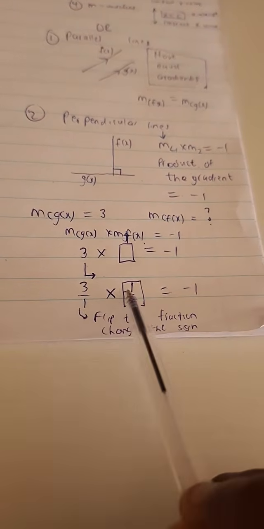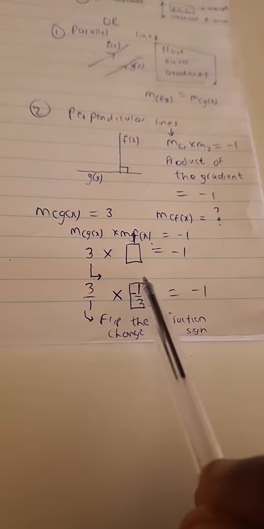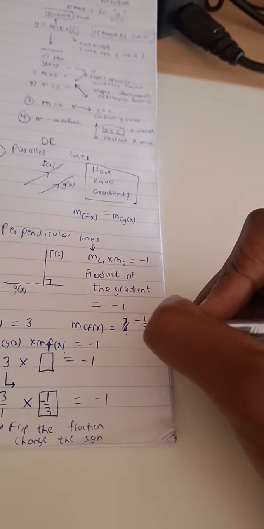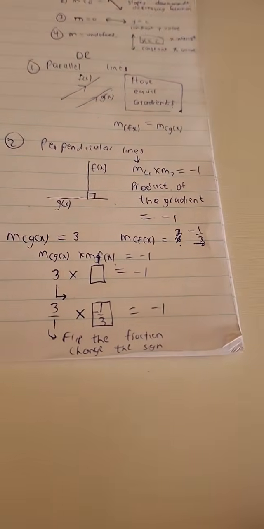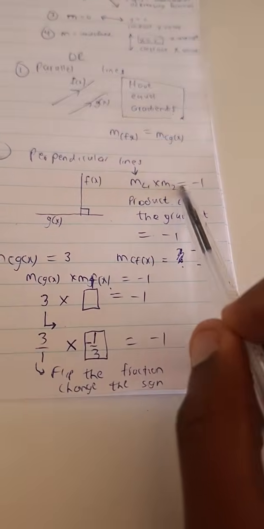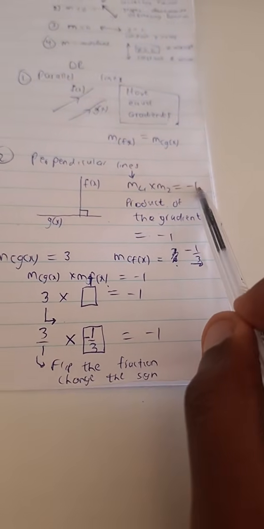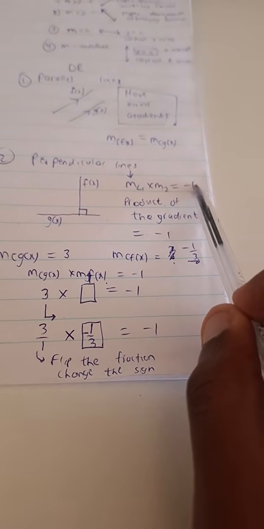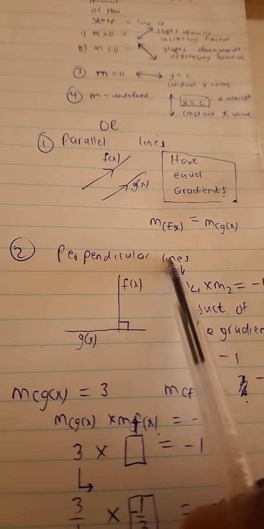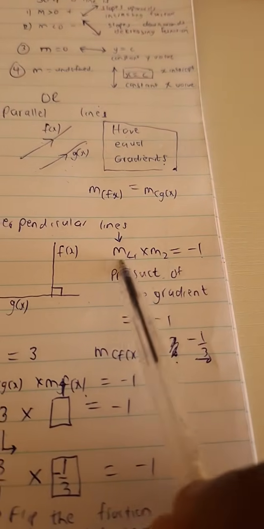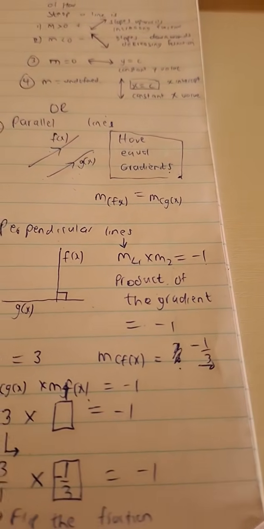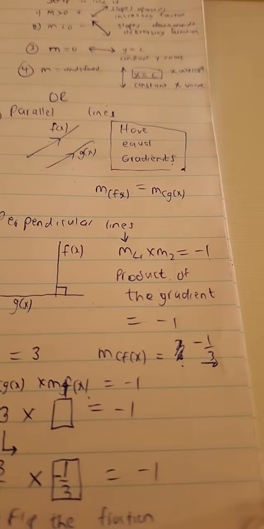Then since this was positive, we change the sign, so this becomes -1/3. So the gradient of f of x is simply -1/3, and that's it. When you multiply these two, indeed the product of the gradients leads to a -1. So all in all, the product of the gradients of perpendicular lines should always give us -1, and that is something you need to hold very dear to your heart.